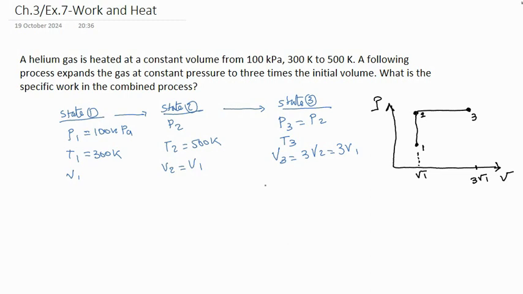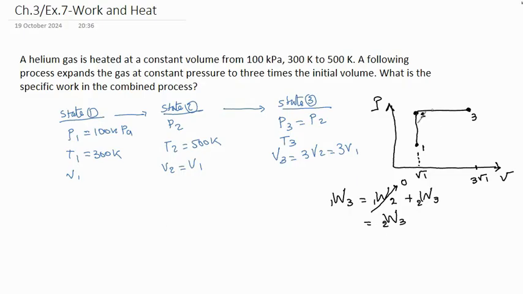So the total work can be written as work from 1 to 3 is the work done between 1 and 2 plus the work produced between 2 and 3. Now since the volume is constant between 1 and 2, the work here is 0. So the total work, in fact, is the work between 2 and 3.